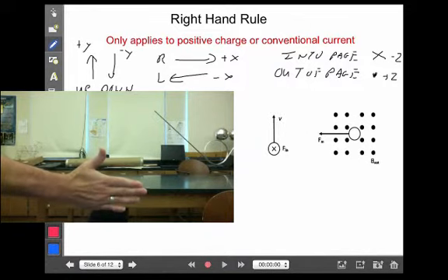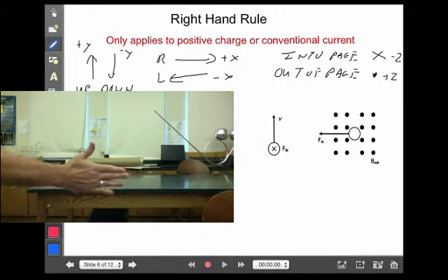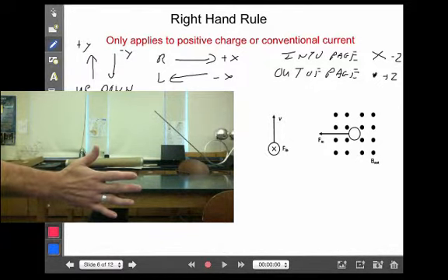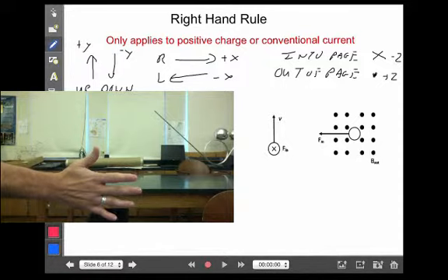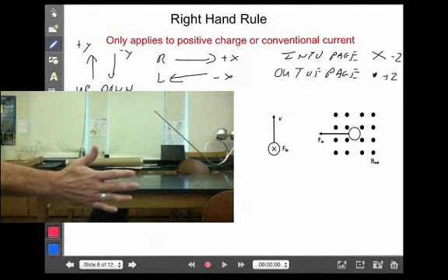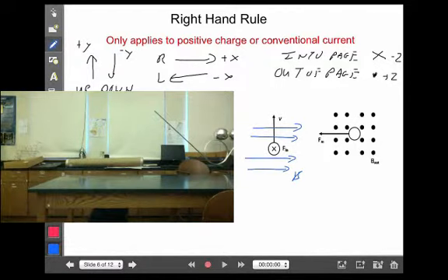My velocity says to go up, my force says to push in. Well, that gives the fact that my magnetic field lines are pointing to the right. Velocity's up, force is in, magnetic field lines are pointing right. So that's the direction of my magnetic field. My magnetic field lines point to the right.